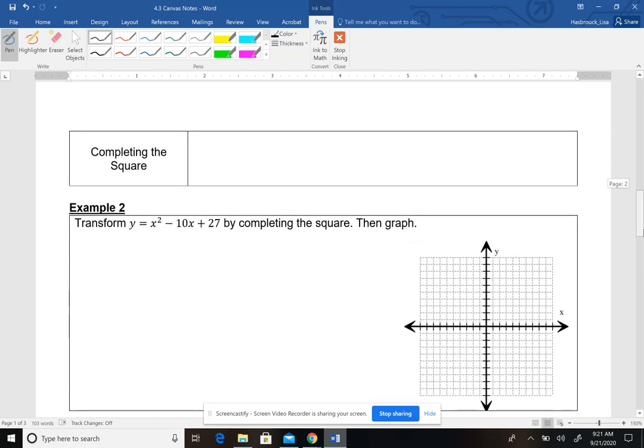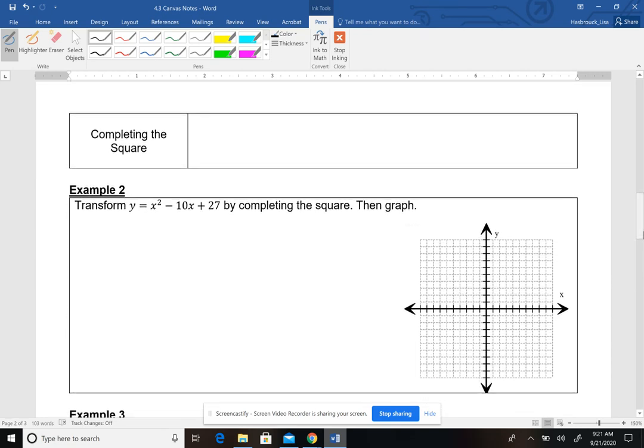Okay, so now we're going to move on to something called completing the square. So every once in a while, our equations are not going to be in vertex form. So to graph them, we're going to want to put them in vertex form.